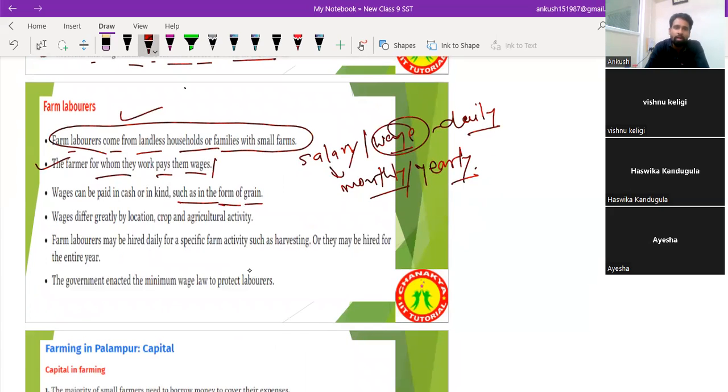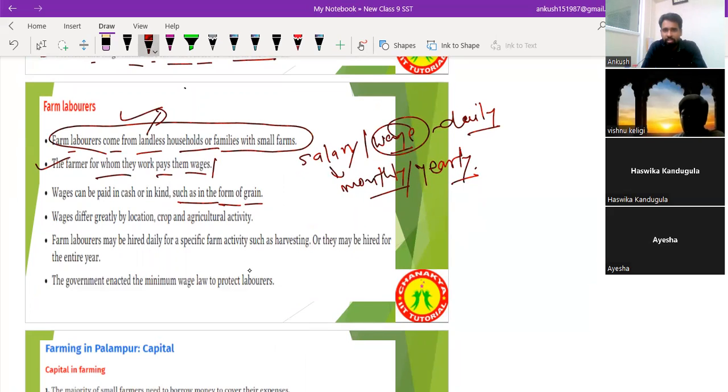Most of the time, landless people do not take cash from the landowner but take wages in the form of grains, so that they do not have to go to vendors and purchase grains for their livelihood. They can directly get the grains from the landowner.